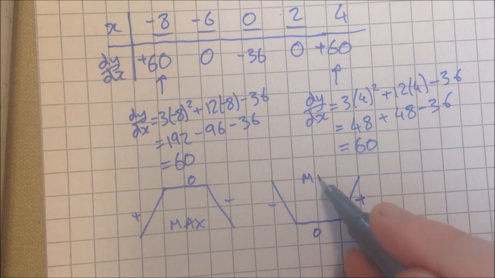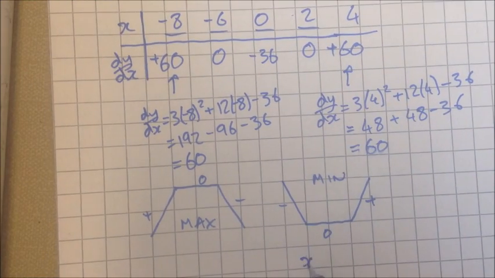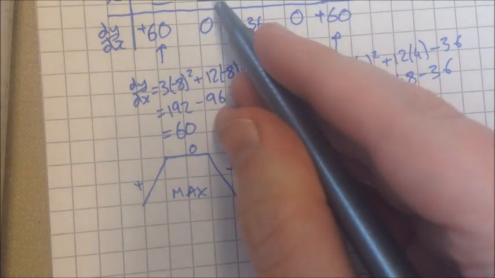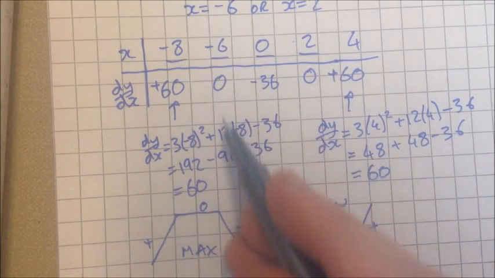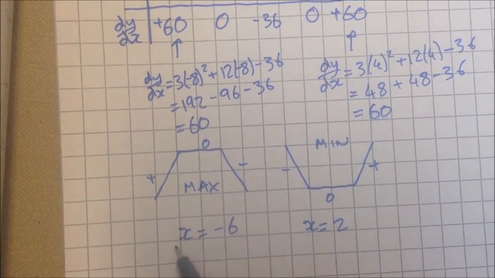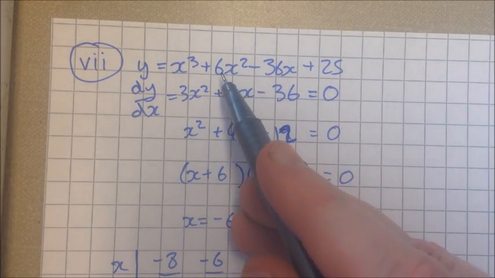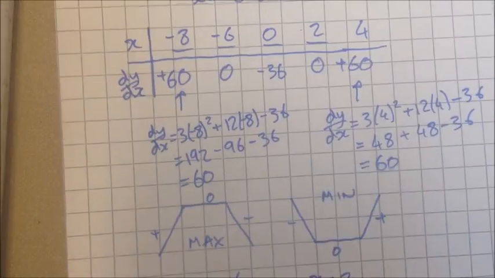So that's a minimum point, and that's where x is 2, and that's where x is negative 6. Right, we plug these numbers back into our equation with y, so it's this long thing here.